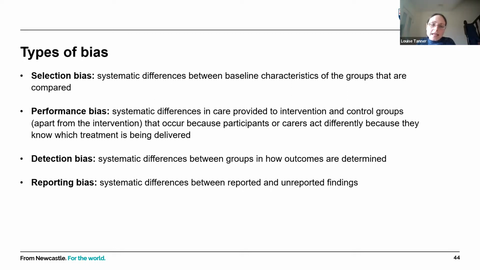Tooth decay, or dental caries, can be measured in lots of different ways. It can be measured by the number of decayed, missing and filled teeth, or individual components: just the number of decayed teeth, just the number of missing teeth, just the number of filled teeth. Say the researcher, because he's being funded by the toothpaste company, wants to present results that show that the toothpaste reduces tooth decay.